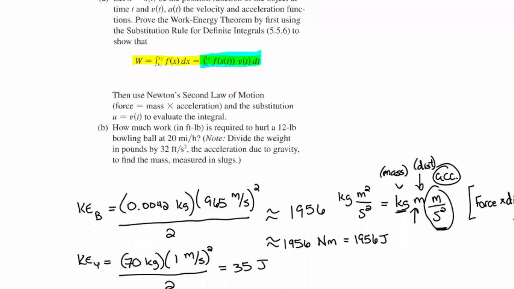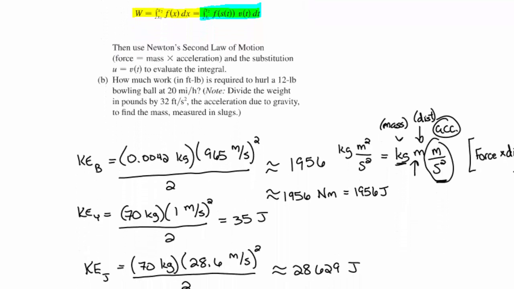Now part B was just using that. How much work in foot-pounds, so now we have to worry about not being in kilograms and not being in the metric system. How much work in foot-pounds is required to hurl a 12-pound bowling ball at 20 miles per hour?